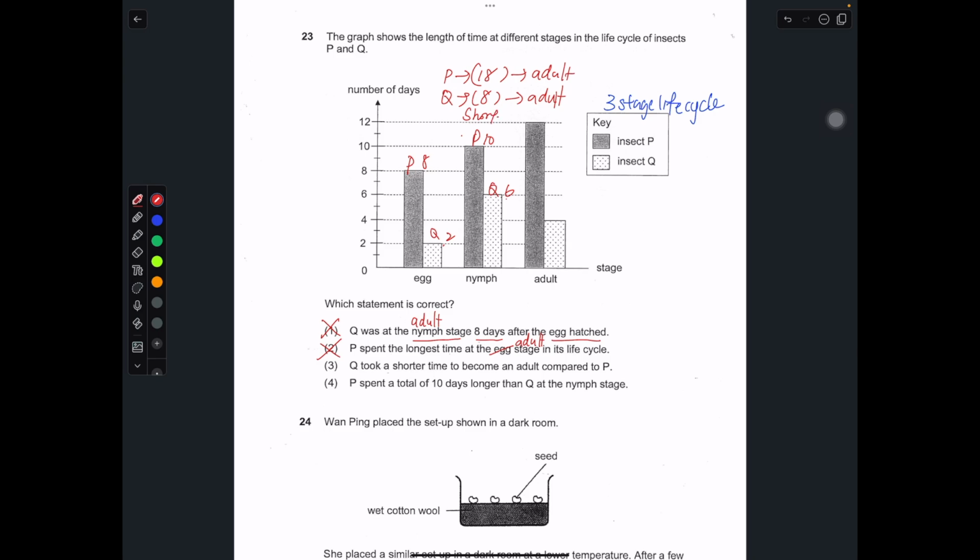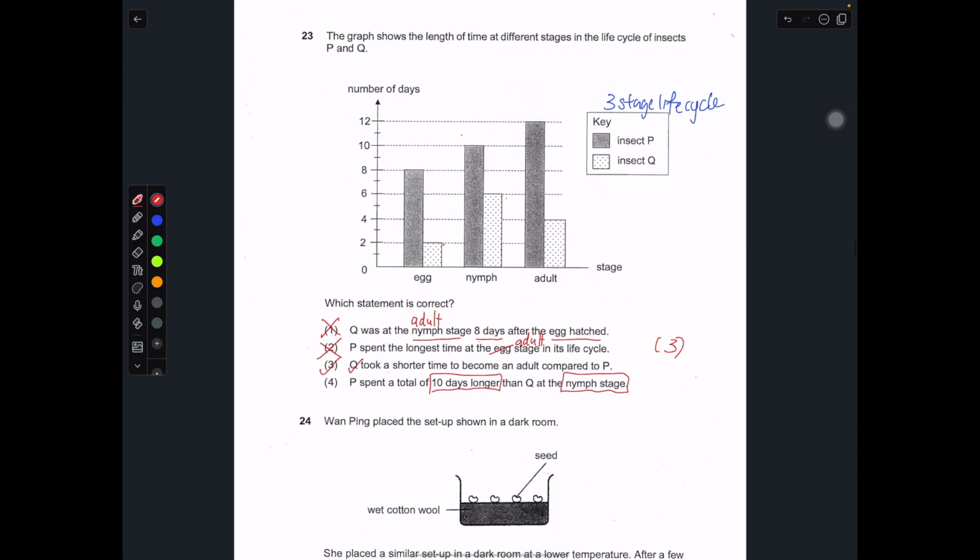Because 8 is less than 18. So this statement is correct. Q took a shorter time to become an adult as compared to P. So number 3 is correct. Okay, so for the last one, let's see which one is correct. P spent a total of 10 days longer than Q at the nymph stage.